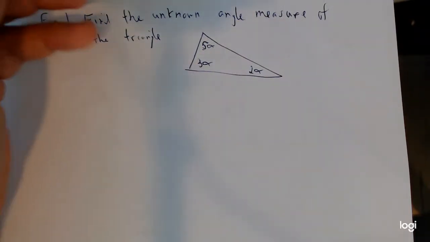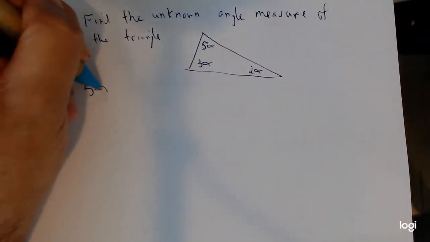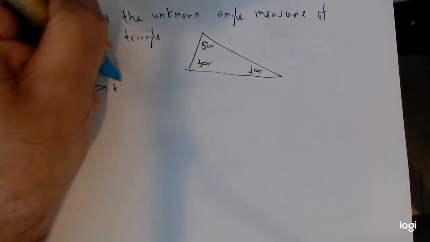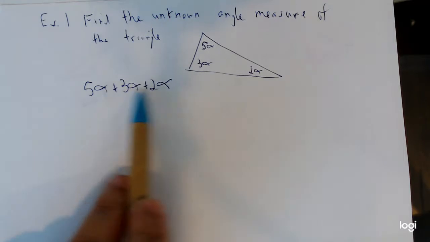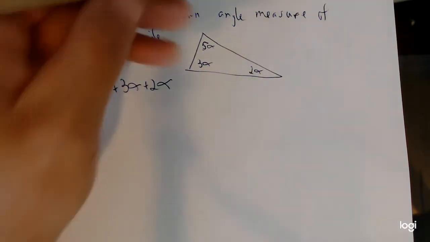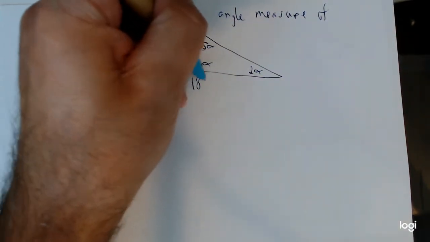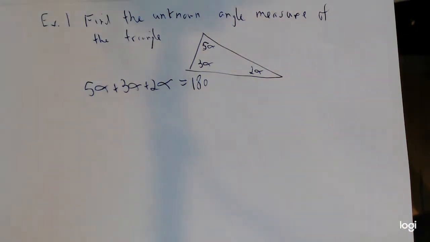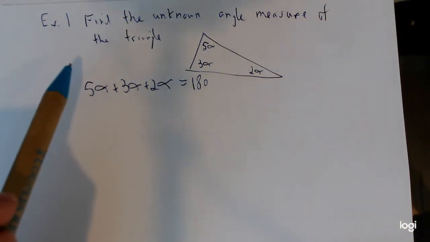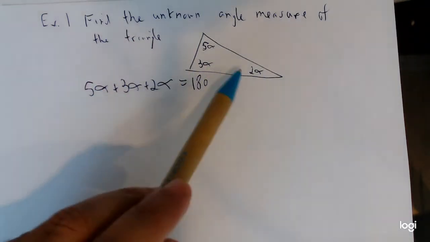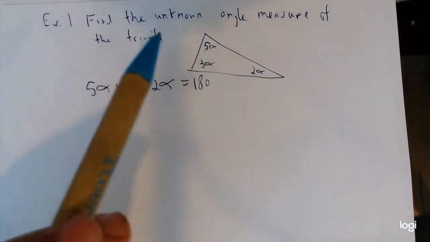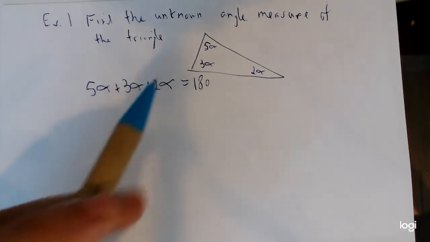So I know that if I take 5 alpha plus 3 alpha plus 2 alpha, which are the three angles of this triangle, and I add them up, I should get 180 degrees, which means now I'm able to solve for my unknown, alpha. And once I know what alpha is, then I could solve for the angles.